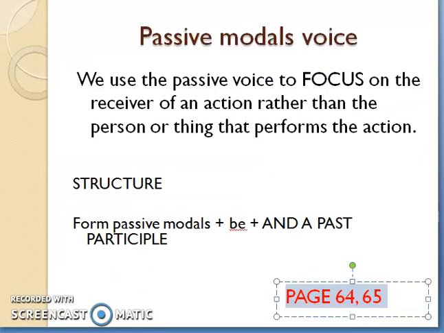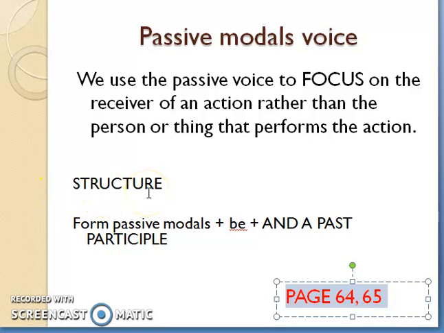First of all, we are going to begin with our grammar. We are gonna talk about passive modal voice, and you can look at pages 64 and 65. Let's go. We use the passive voice to focus on the receiver of an action rather than the person or thing that performs the action. Remember, in grammar it's important that you are sure about the structure.